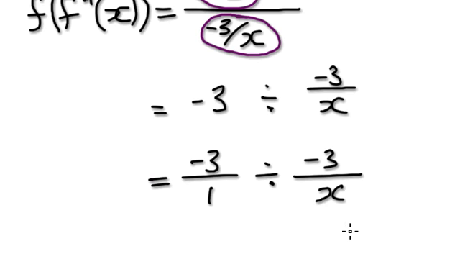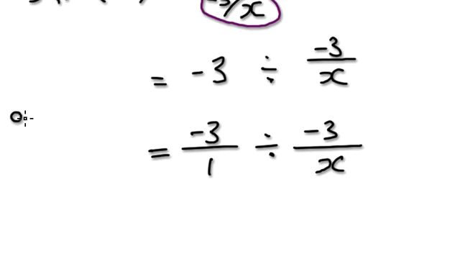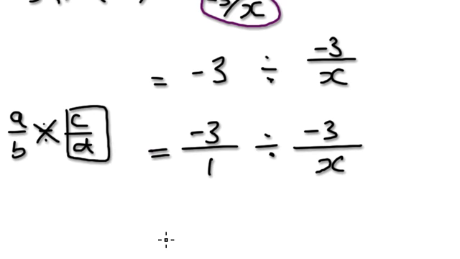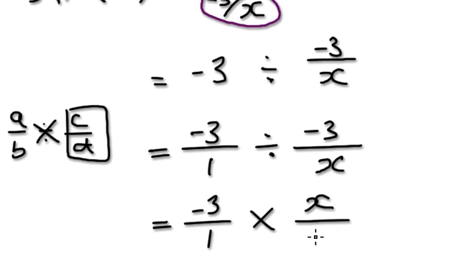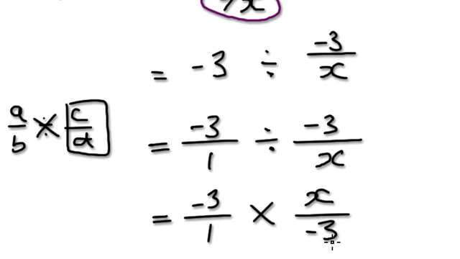Whenever you divide a fraction, so a over b divided by c over d, you basically times by the reciprocal of this. So keep this the same, negative 3 over 1, but then you times by the reciprocal of this.